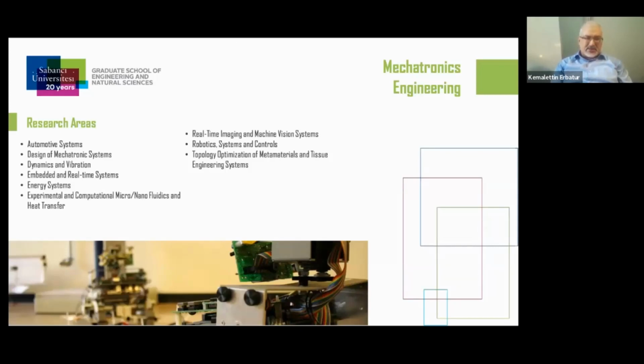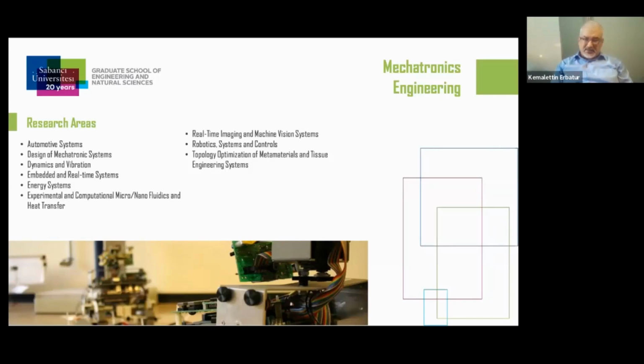Energy systems also have a large spectrum, ranging from horizontal wind turbine design and implementation to fuel cells and the investigation of energy issues in the automotive sector. Micro and nanofluidics is researched in our Mechatronics program.